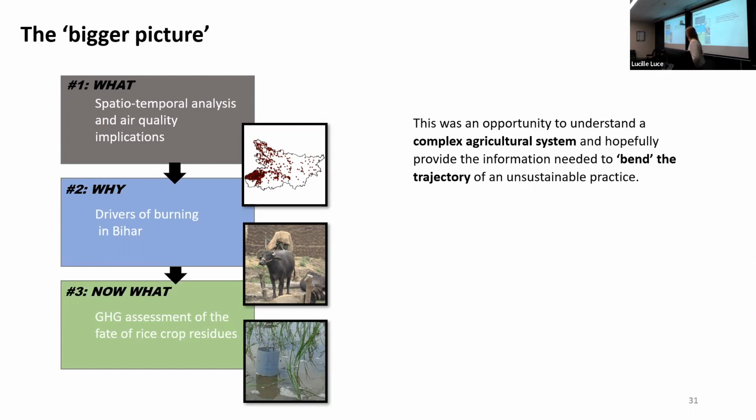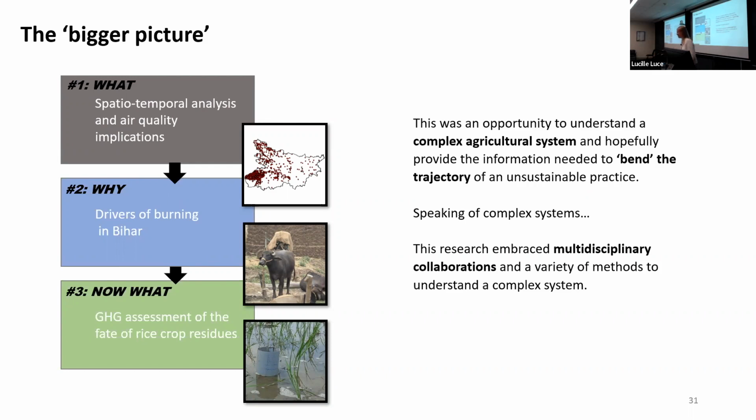But speaking of complex systems, Andy mentioned this earlier, this research really embraced multidisciplinary collaborations. I think it had to, to give the complexity of the system justice, to really pull apart all these complex pieces. My background was in the social sciences, so I was a little bit keen on that, and I got really analytical really quick with my work, which was also good, it stretched me quickly.